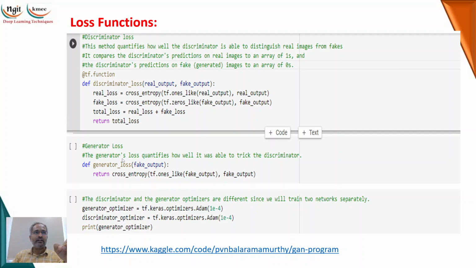After that, we create the optimizer for both the generator and the discriminator. We are taking Adam here, and if you want, you can use this model; it is in my Kaggle account, so you can directly go with that.